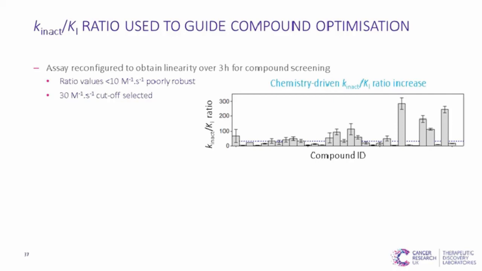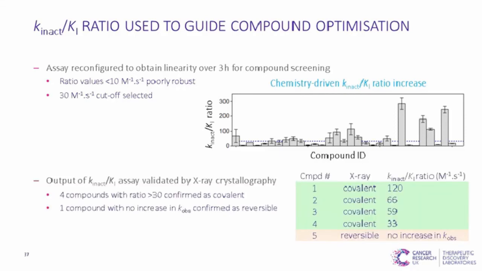We initially selected a ratio of 10 per molar per second, as we found that below that the data were less robust, and we refined this cutoff to 30, which we validated by X-ray crystallography, and we found the compounds we selected, which had a ratio greater than 30, also showed a covalent bond in the X-ray structure. Interestingly, a compound that we were expecting to be covalent that showed no increase in the kobs, when the X-ray structure came back, we found that the warhead had flipped and that the compound was indeed binding reversibly, and we felt this validated our assay really well.